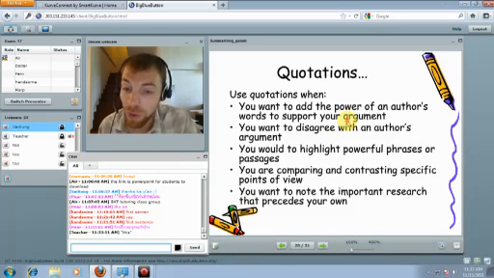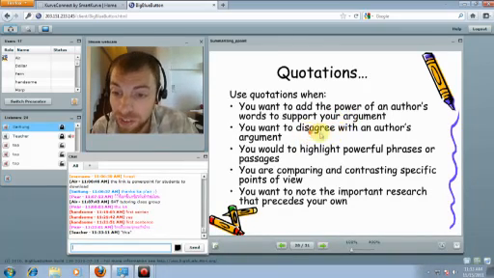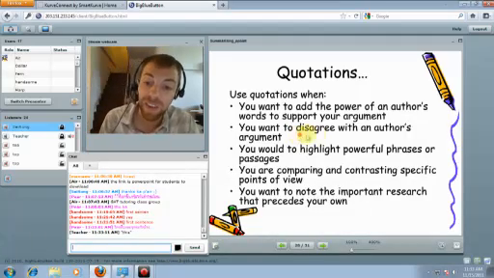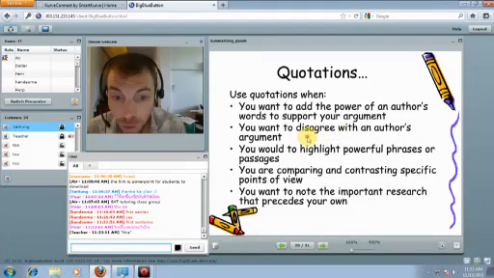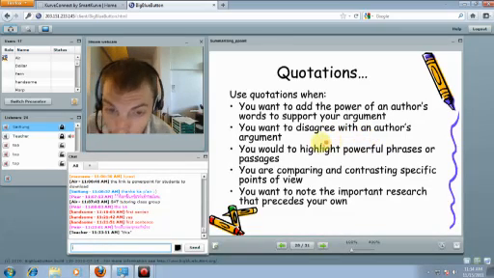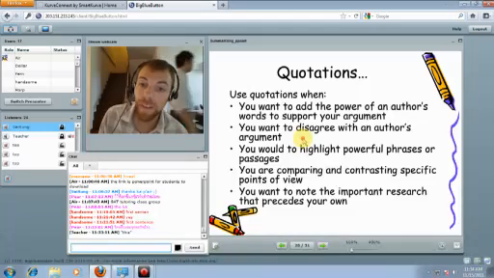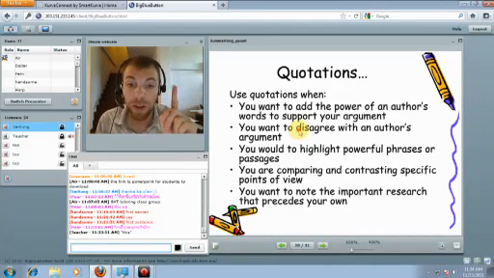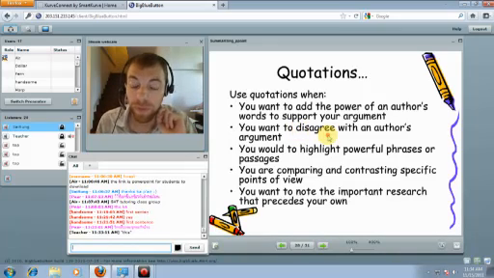Also, it's good if you want to disagree. So if you want to say why it is not this, it's a good way to use that. Disagree with an author's argument. So a quotation can help you agree or disagree.